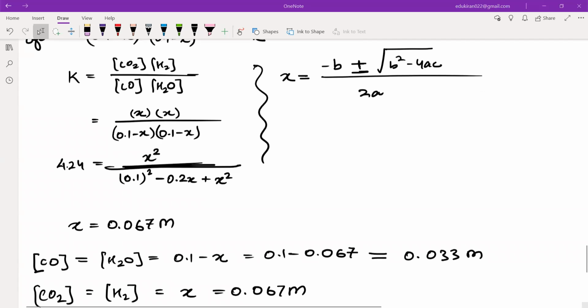The partial pressure of HI at equilibrium is this much. What is the KP for the reaction?